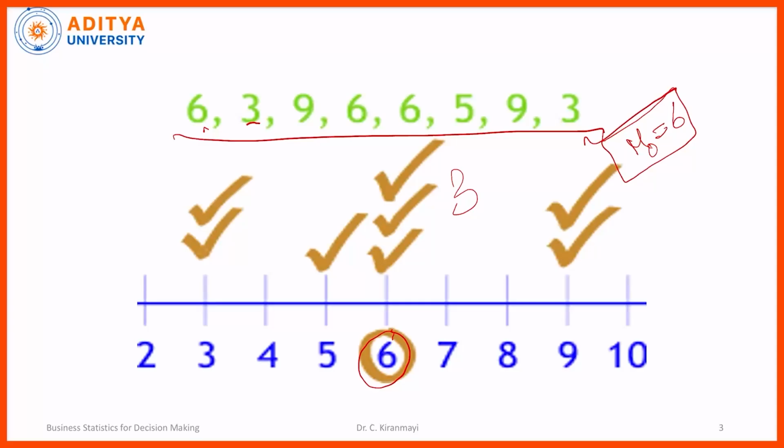Not only that, mode is also applicable to categorical variables, and this is a big area of application of mode. When a variable turns out to be categorical, sometimes it is not possible to use either mean or median, since mean or median requires that the data be measurable.